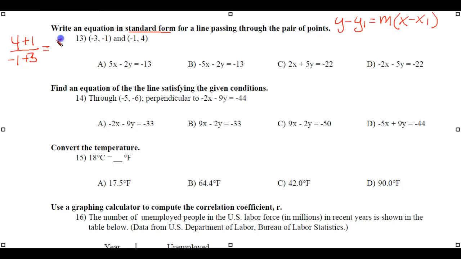So this gives us 5 over 2. We now take our 5/2, put that in our equation over here, and our x, we can use this one, and our y, we can use this one.